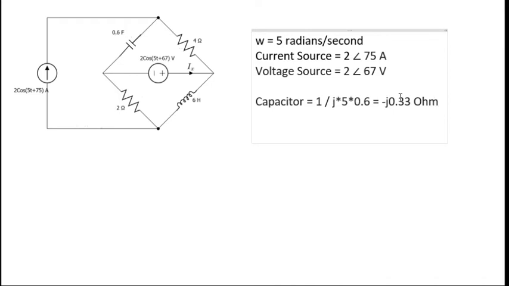Next, the inductor, we use again the formula. If you don't remember, it is J times angular frequency again 5, and then 6 Henry. You get J 30 ohm.